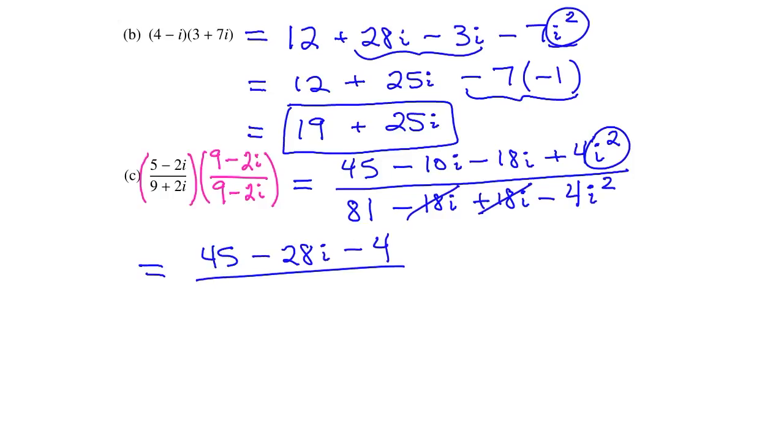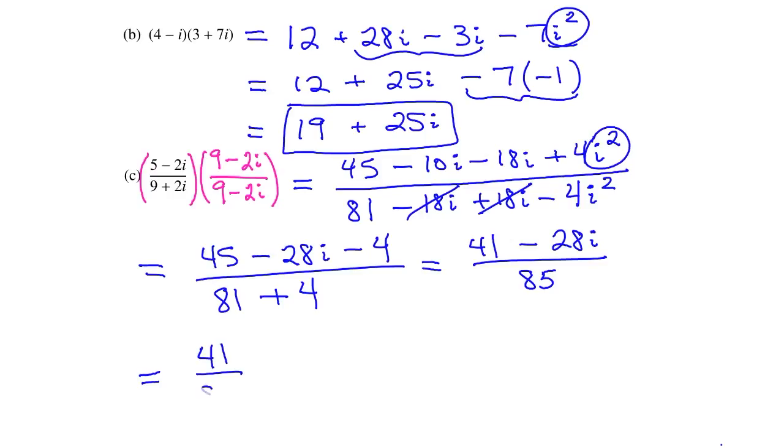The 18i's cancel. That leaves me with 81 plus 4. So together this gives me 41 minus 28i over 85. And we need to write that as a complex number. So it's 41 over 85 minus 28 over 85 i.